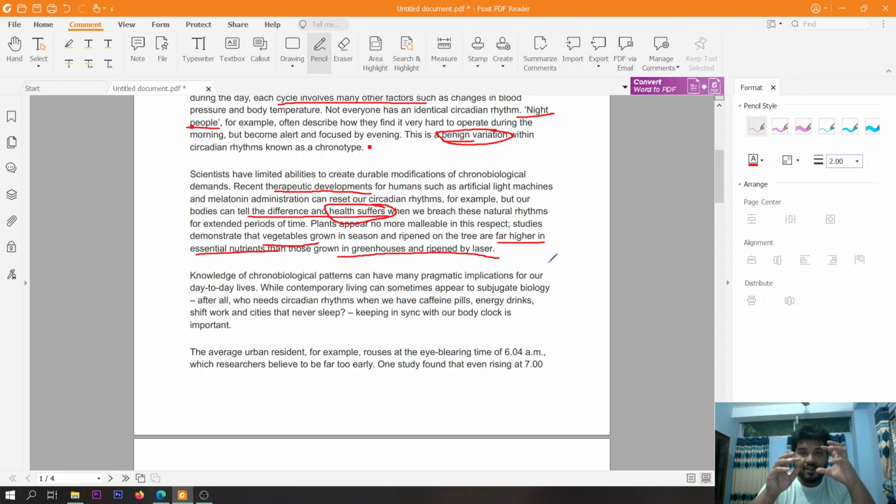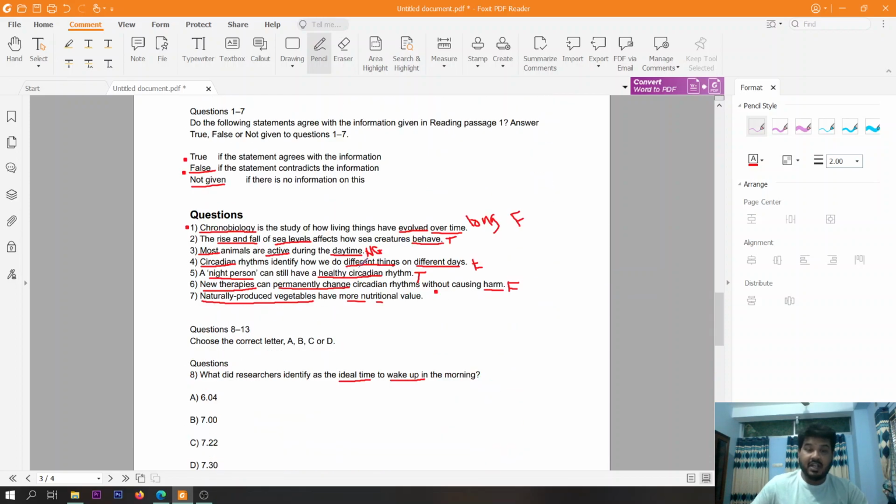So it says vegetables which are grown naturally have far higher essential nutrients, have more nutrients. So the word nutrients, nutritional value. Vegetables which are produced naturally have more nutritional value. So the vegetables which are not produced naturally have less nutritional value.